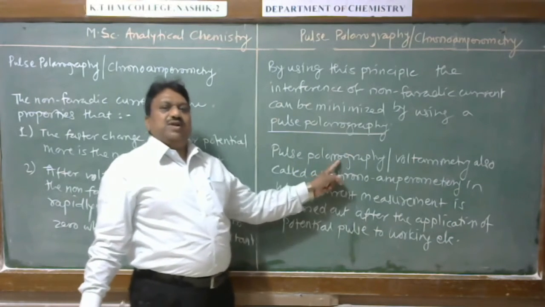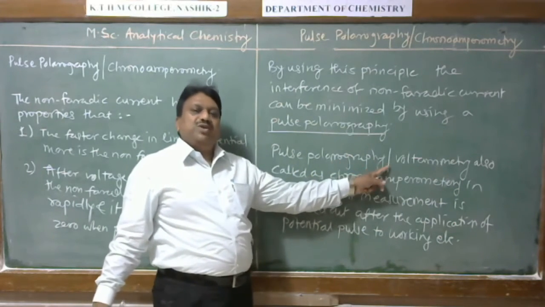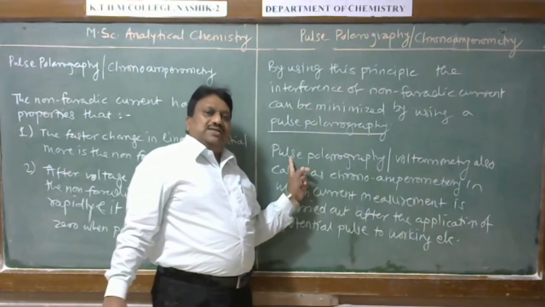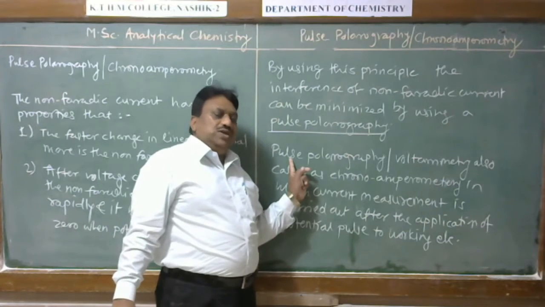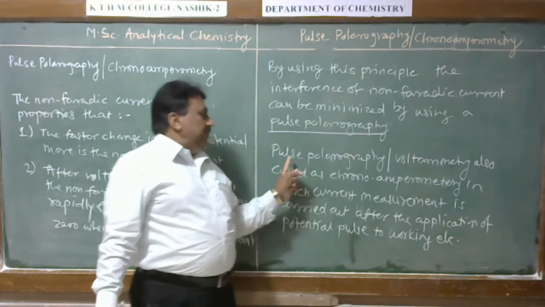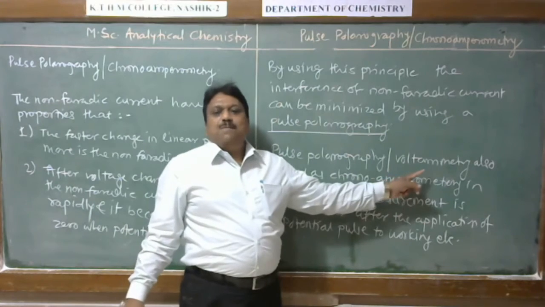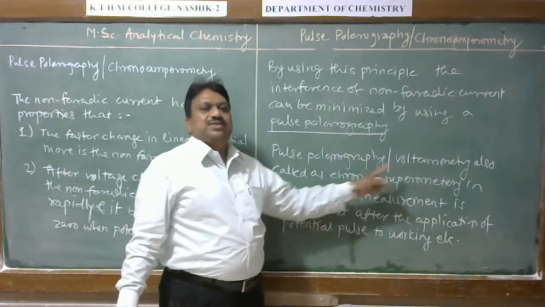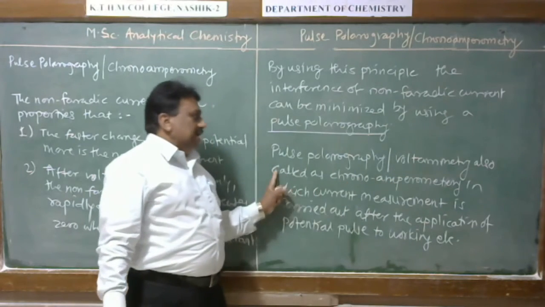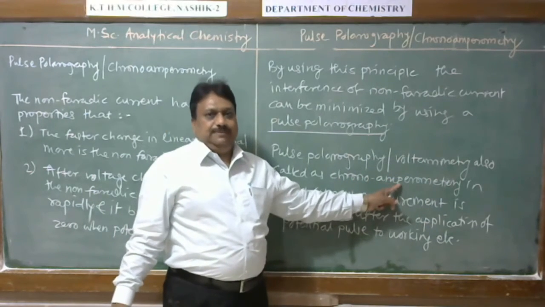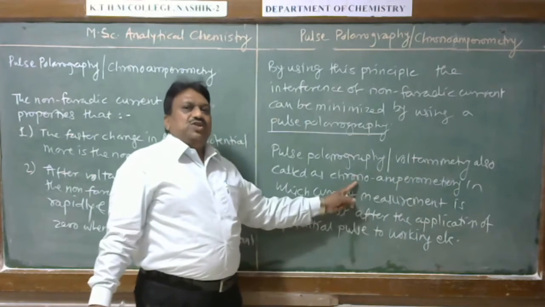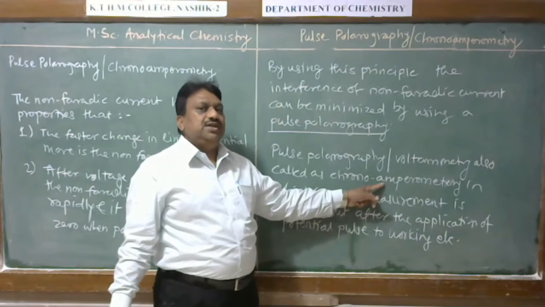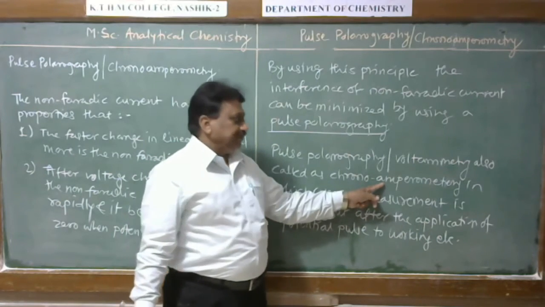Pulse polarography is the term used when a dropping mercury electrode is used as the working electrode, and when a mechanical knocker or static mercury drop electrode is used, the same method is called pulse voltammetry. Both are called chrono-amperometry, that is, a measurement of current as a function of time with application of a potential pulse to the working electrode.